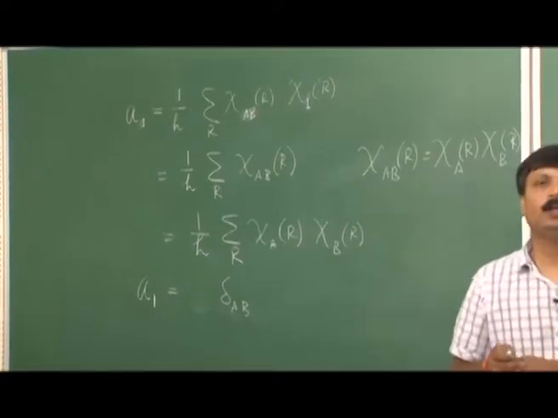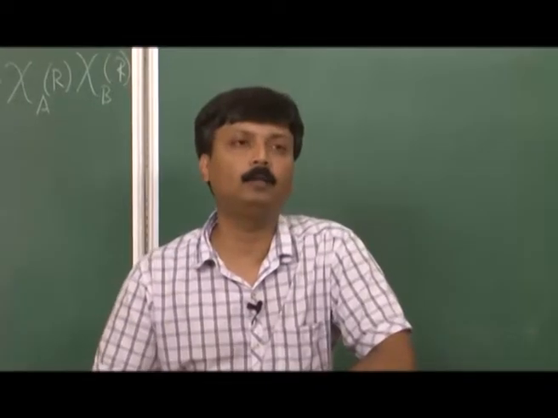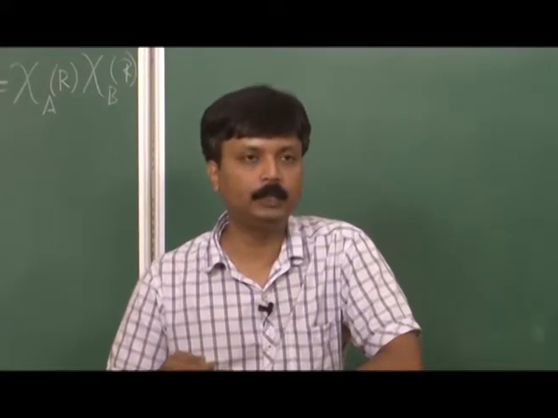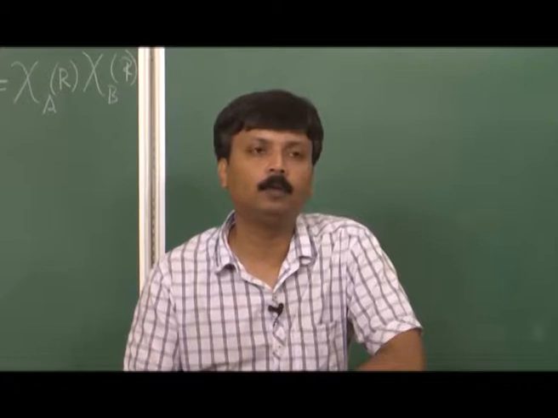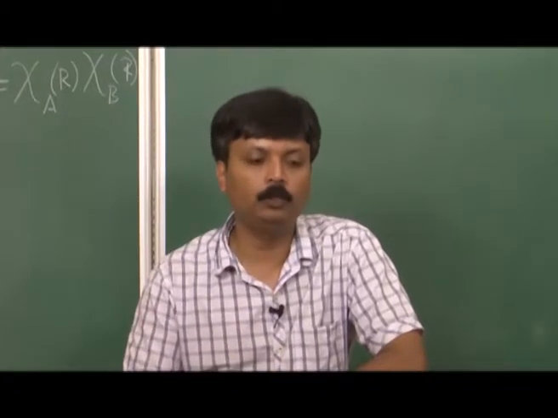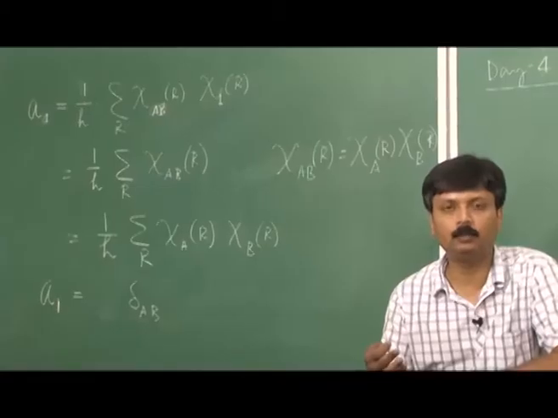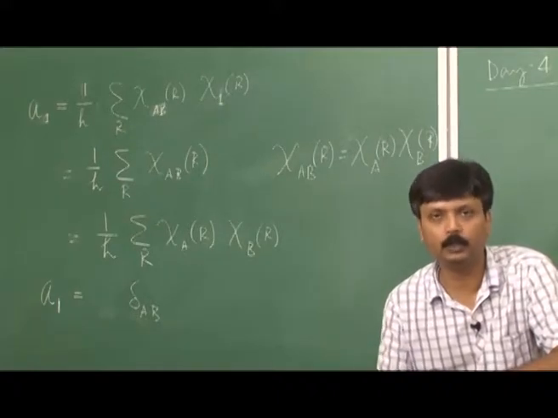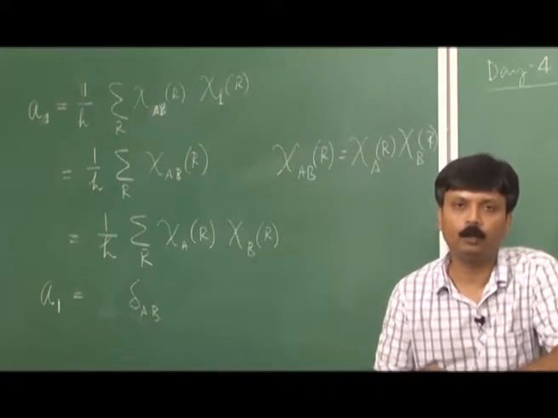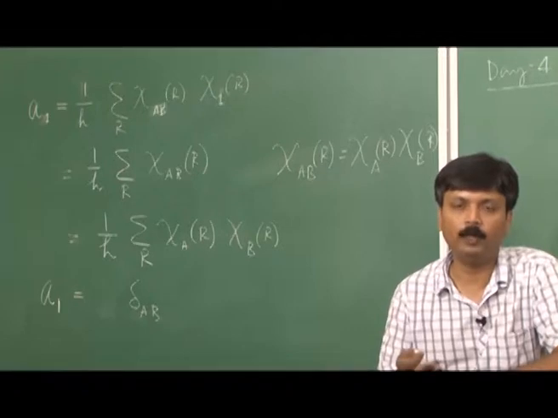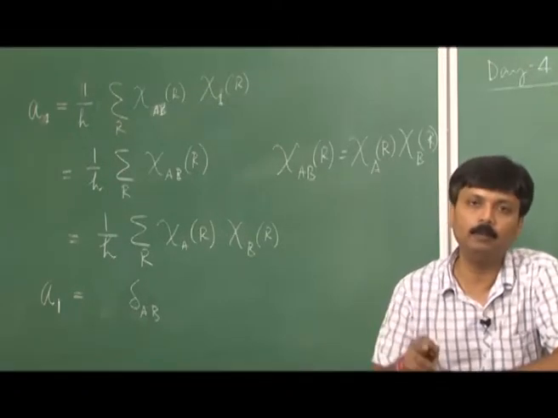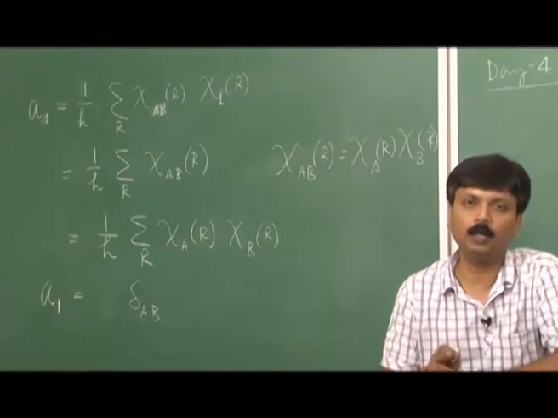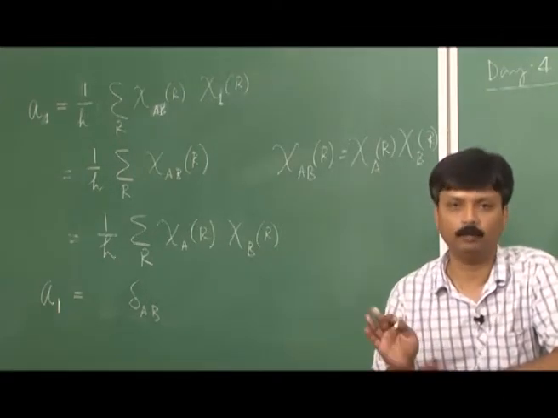And therefore, if I have an integrand where two functions transform as two irreducible representations of the point group, they will survive only when those two functions correspond to the same irreducible representation, otherwise they will not survive.